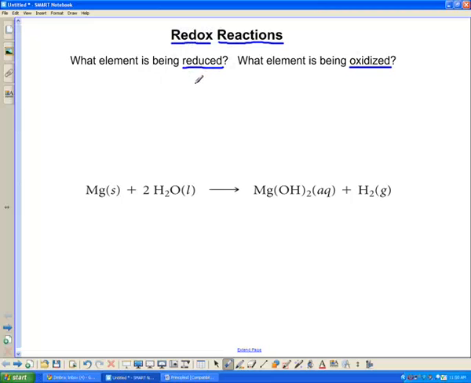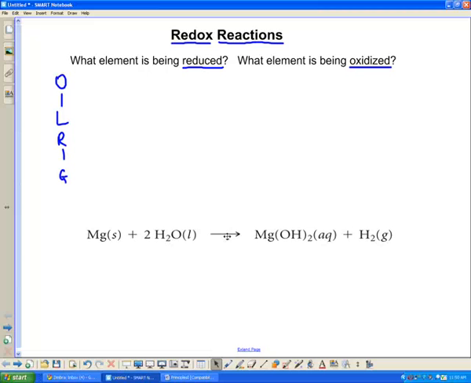There's a simple mnemonic here that you can use to remember exactly what's happening. This is a mnemonic that I learned in high school back in England. It's one of the very few things I actually remember. For some reason, it stuck with me over all these years. The mnemonic is OIL RIG. For whatever reason, it just stuck in my head, and hopefully it's going to stick in yours too.